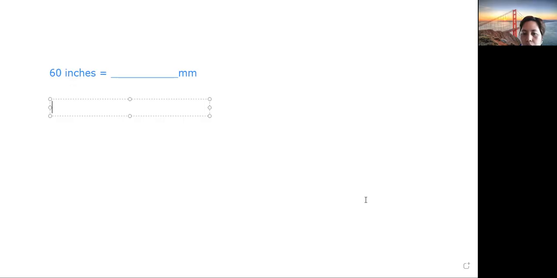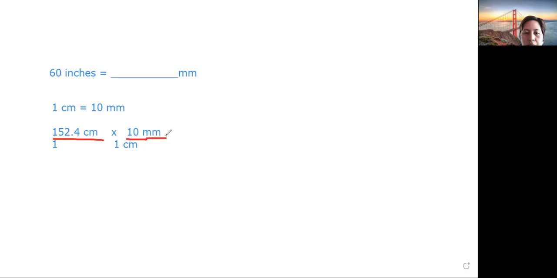So we'll be using now 1 centimeter for us to be able to get the equivalent to millimeters since we're done with the other units. 152.4 centimeter times 10 millimeter, because in every 1 centimeter, there are 10 millimeters.